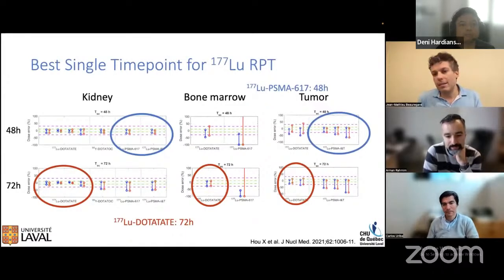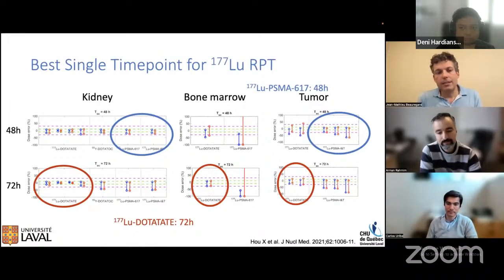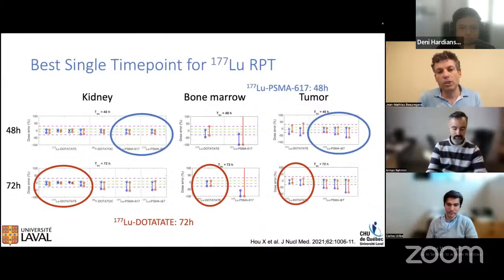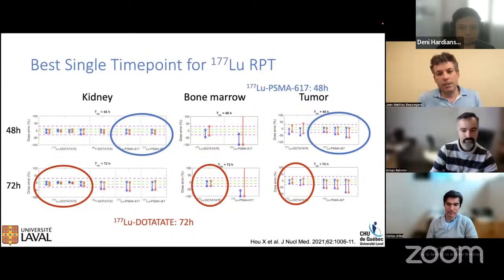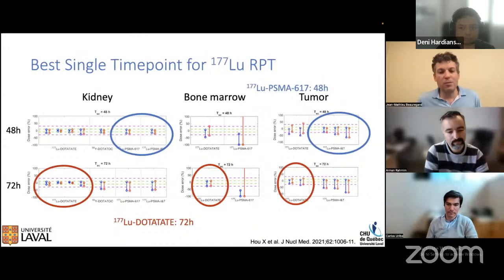Yeah, with this method, we can get about 10% accuracy for the vast majority of patients. We looked at many different cohorts of patients undergoing either lutetium PSMA-617 therapy or lutetium dotatate, and found that these tracers, while both lutetium-based, have very different kinetics.